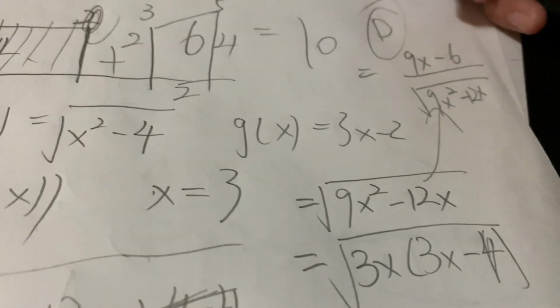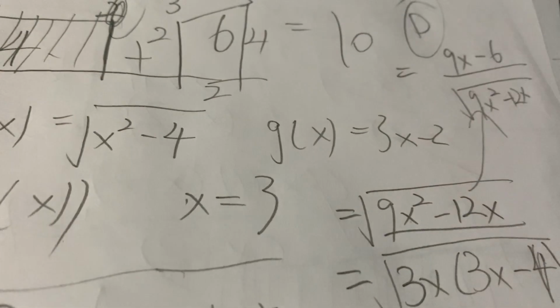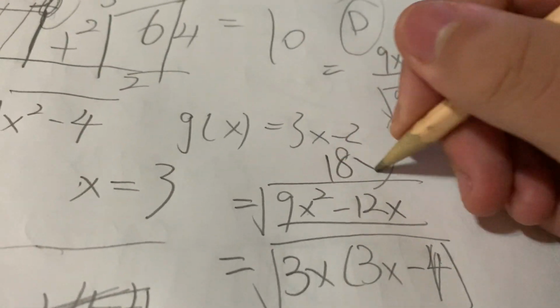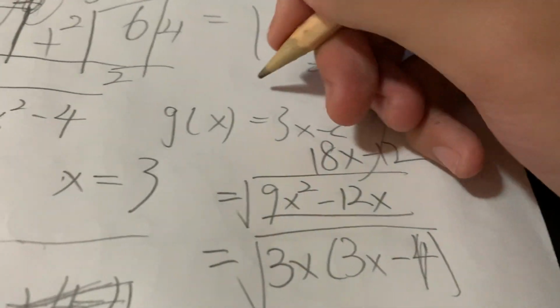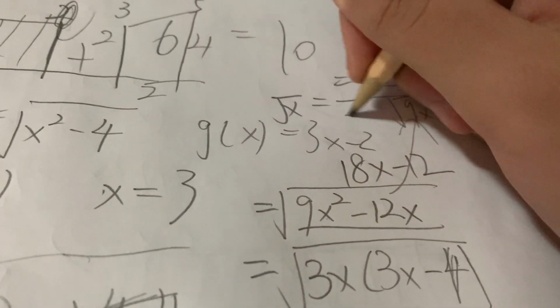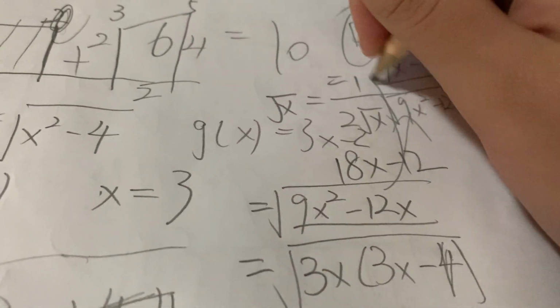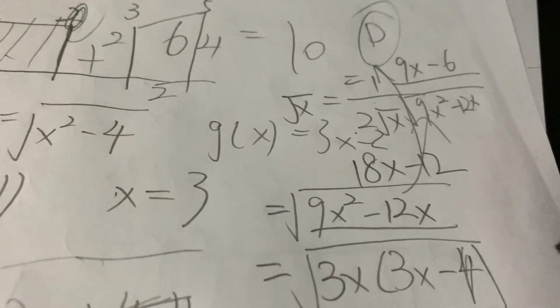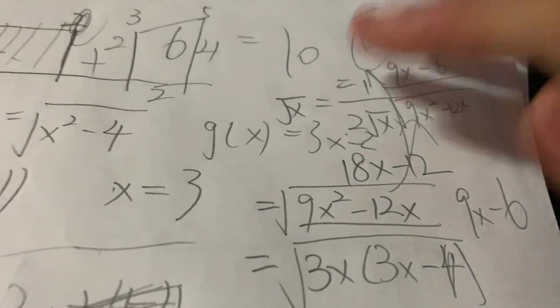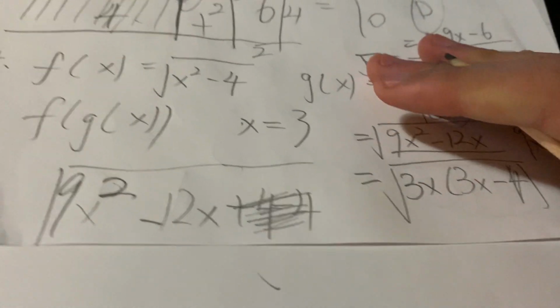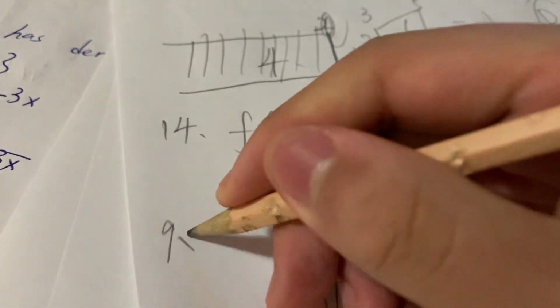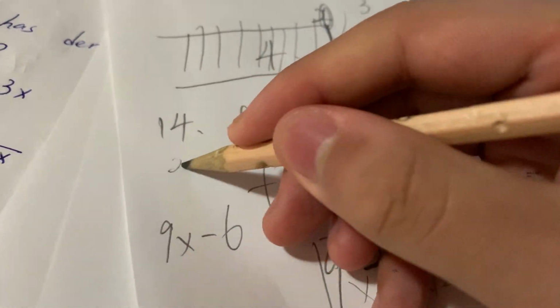How do we get this? Because the derivative of this is equal to this, and since the root of x is equal to this, we put this up here and divide by 2, which is equal to 9x minus 6. So in this case, we only need to get the value.